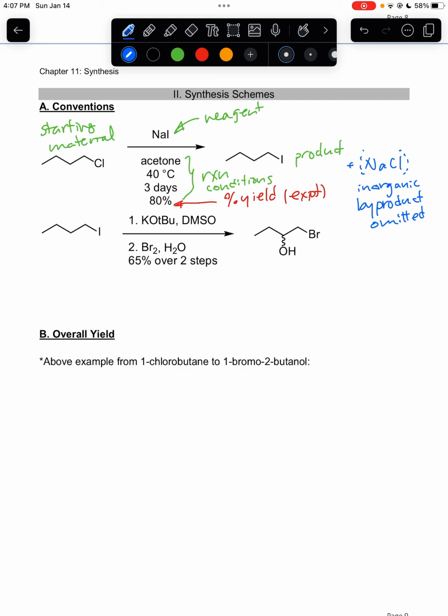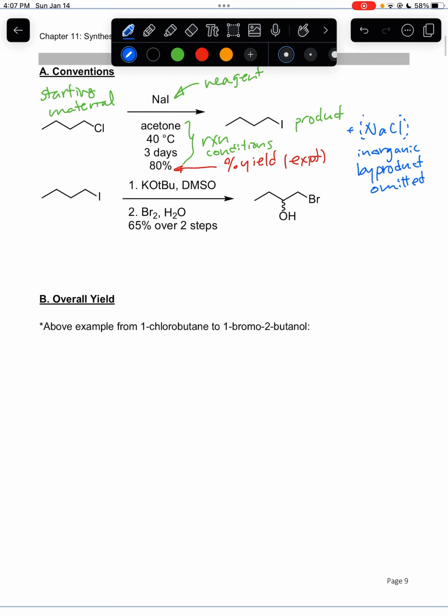Sometimes you see a reaction equation written like this, the second one here, okay? And in this case, it shows two distinct separate reactions. This is very important because if you put potassium t-butoxide and bromine and water all together in the same pot, this reaction will not work. This is two separate reactions.